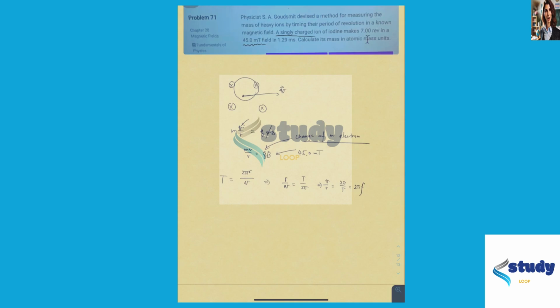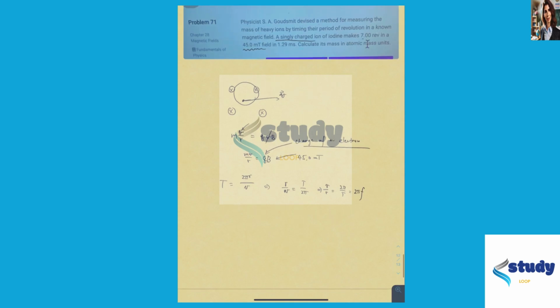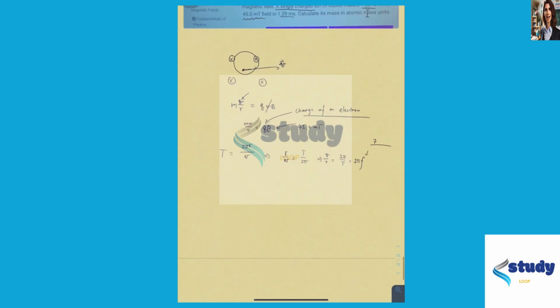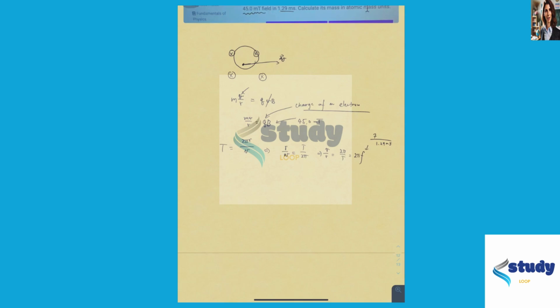Do we know the frequency? Well, we do, because it makes 7 revolutions in 1.29 milliseconds. So that gives us the frequency. The frequency is 7 revolutions per 1.29 milliseconds. Okay, so we can plug this frequency back into this equation.